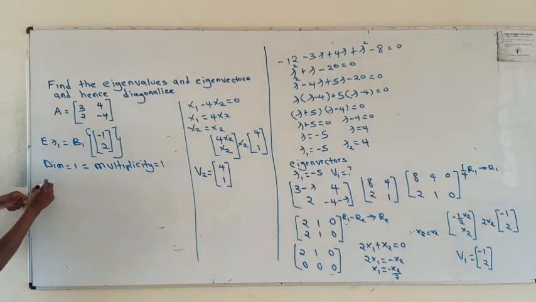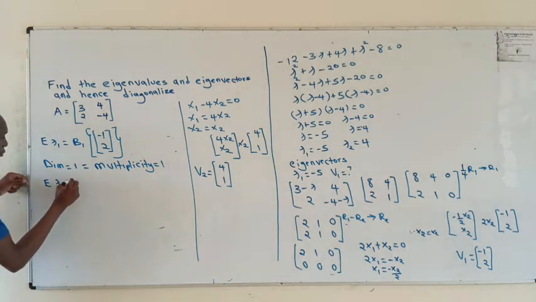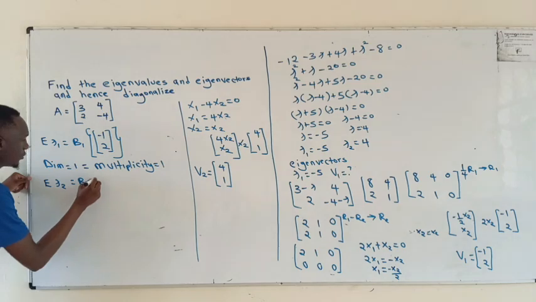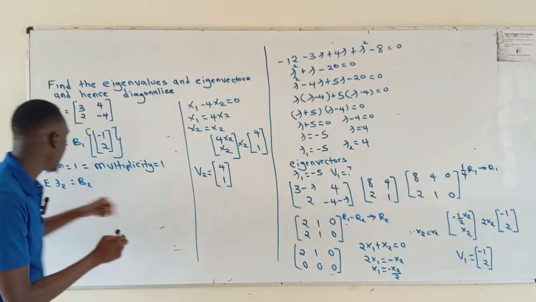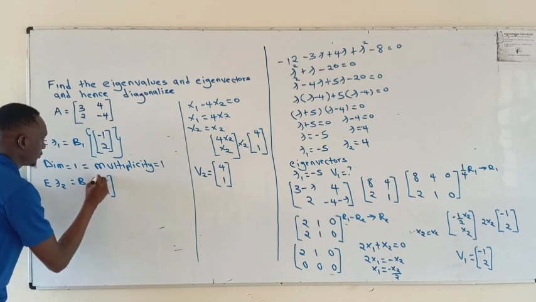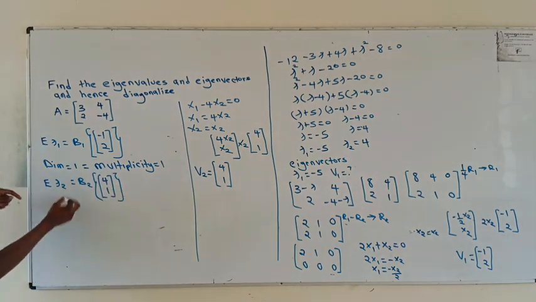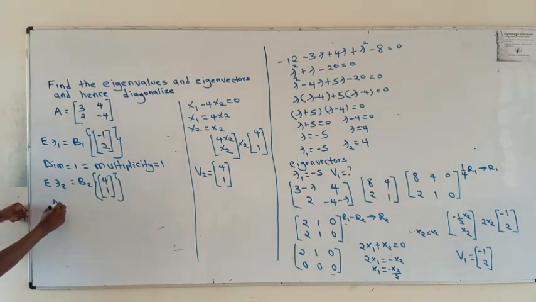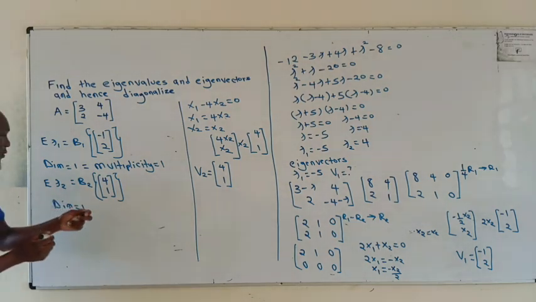The eigenspace of lambda 2, which is equal to the basis of 2, is 4, 1. The dimension is 1, and it's the same as the multiplicity, which is 1.